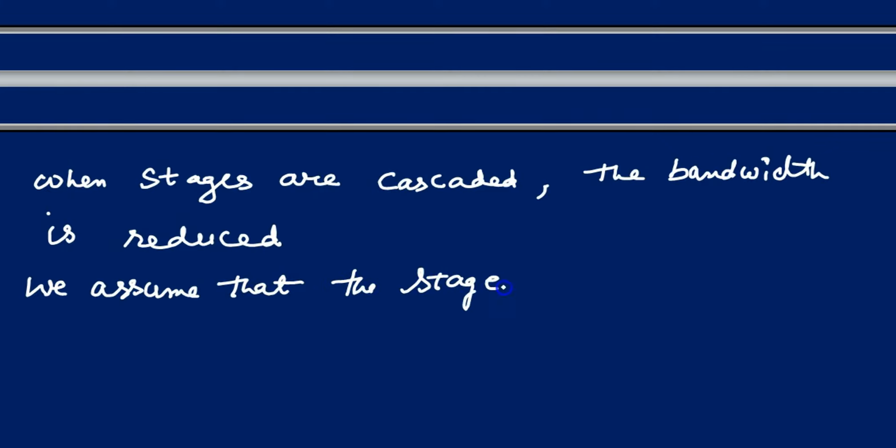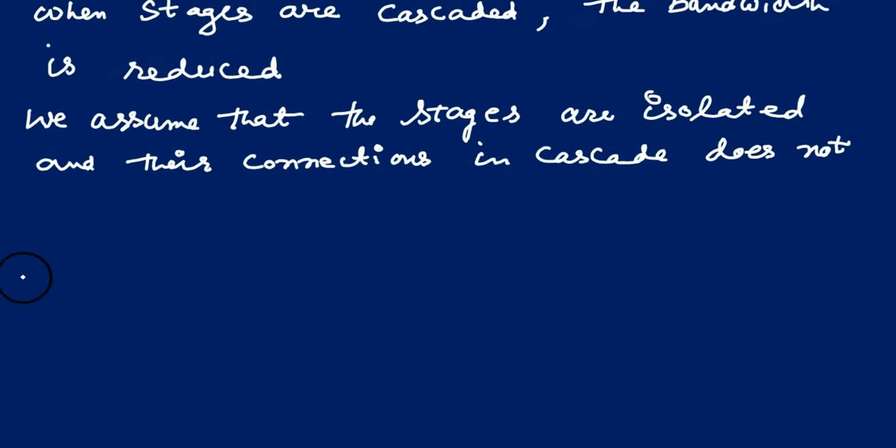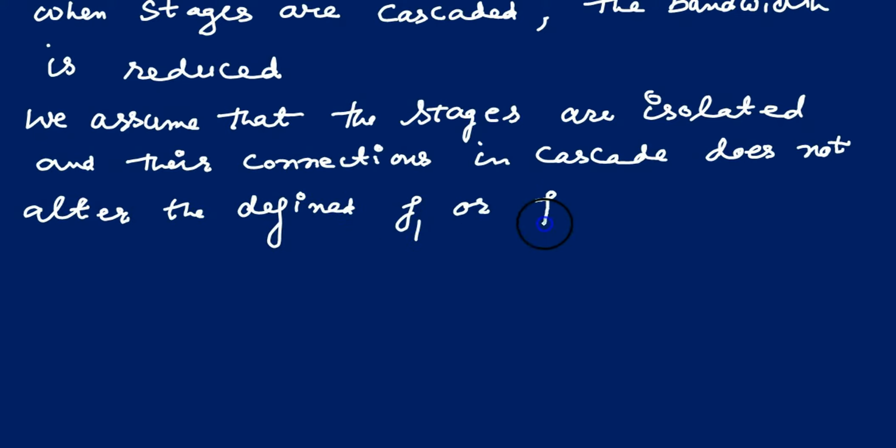We assume here that the stages are isolated and their connections in cascade do not alter or affect the definitions of F1 and F2, low frequency and high frequency, for bandwidth.